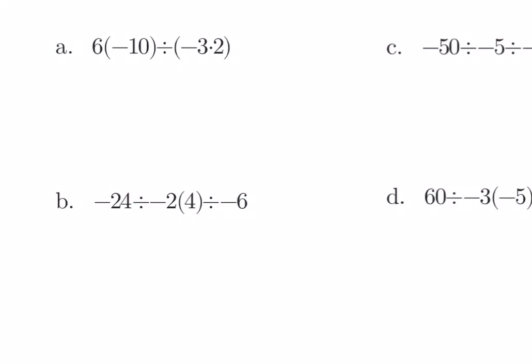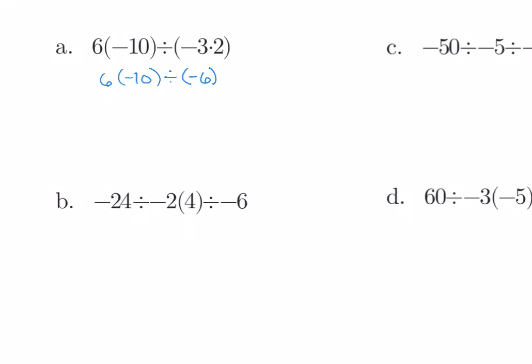Example A, we have 6 times negative 10 divided by (negative 3 times 2). So if we go ahead and do this, we get 6 times negative 10. I want to simplify inside my parentheses first, and we get negative 3 times 2 is negative 6.